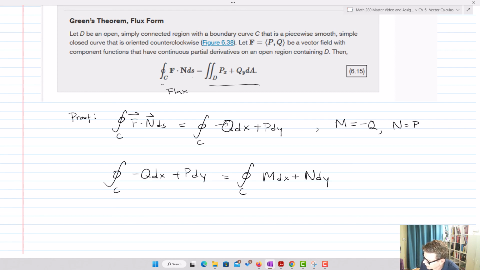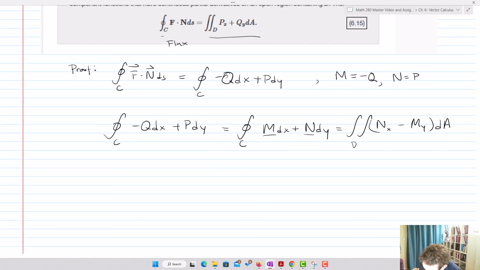Then, by the circulation formula for Green's theorem, this is going to be the double integral over a region D of nx minus my dA. Just substituting in, n is p and m is negative q in this case.